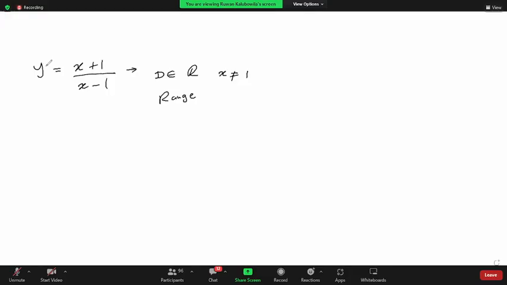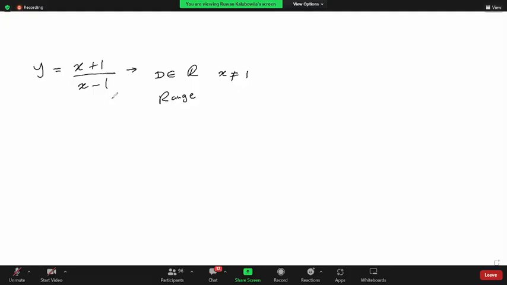Range means what are the values that represent the y, right? For all x values in this domain. Domain is the real numbers, but without x equal 1.